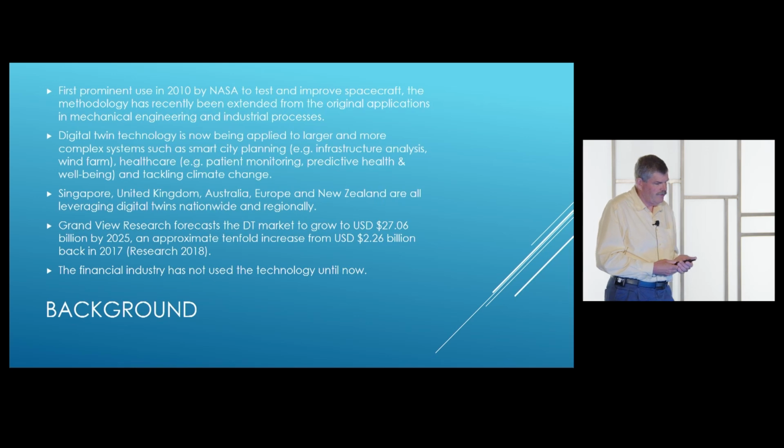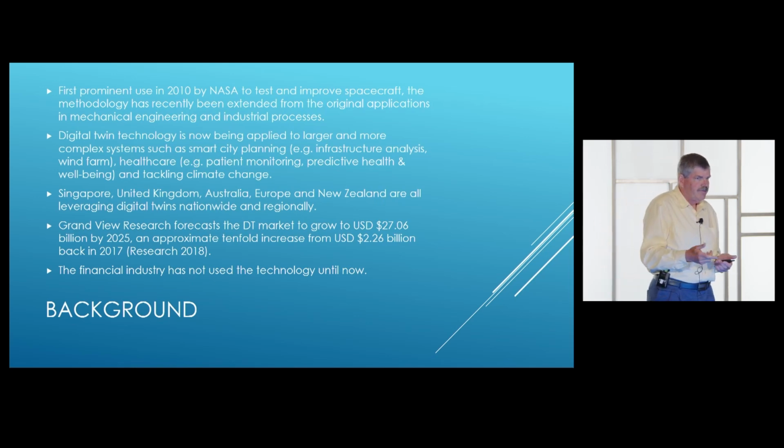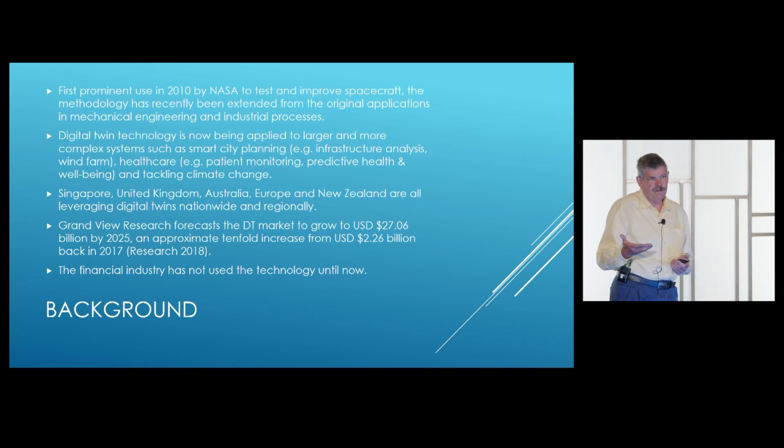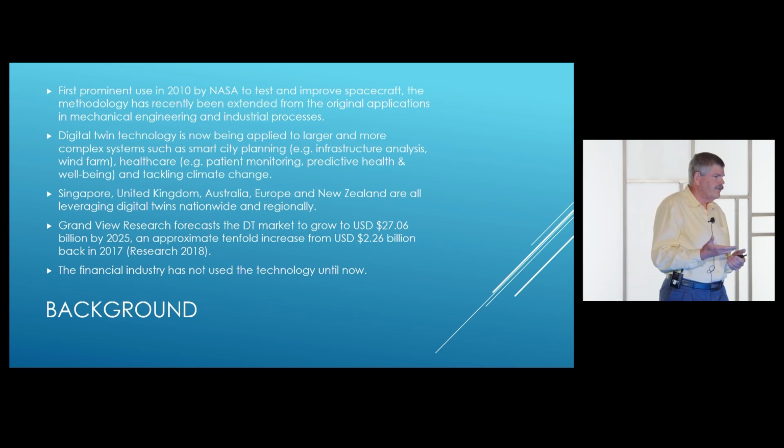I also won't read this, but I do need to tell you a little bit of the story of where this comes from. The notion of digital twins has been around for a long time, but it really came into prominence in 2010 when NASA started testing spacecraft with digital twins. It's generally a bad idea to take a $3 billion spacecraft and destruction test it.